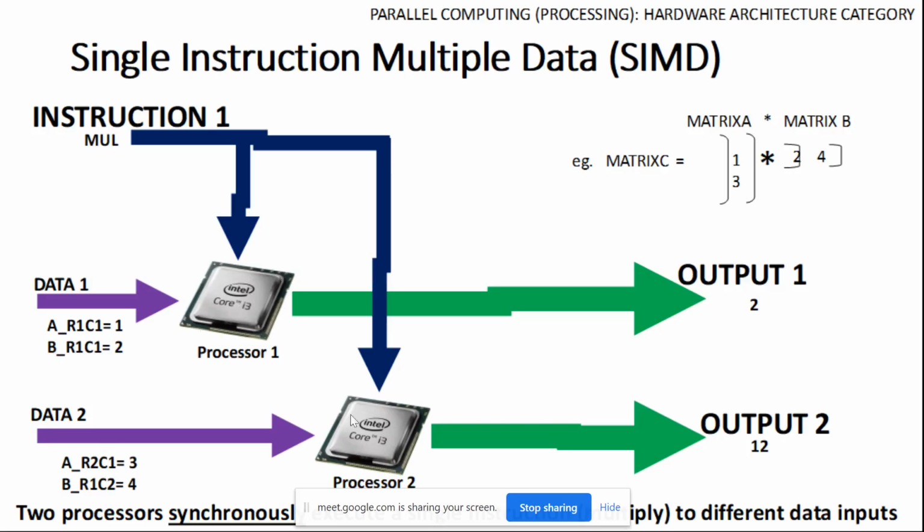Let's say this is core 1 and core 2. Core 1 can get data 1 and core 2 can get data 2, but the instruction is the same, multiply. So I can apply the same instruction in one go and pump in two data at the same time. This is called single instruction multiple data. In a SIMD, the more data lines, the more outputs you get.